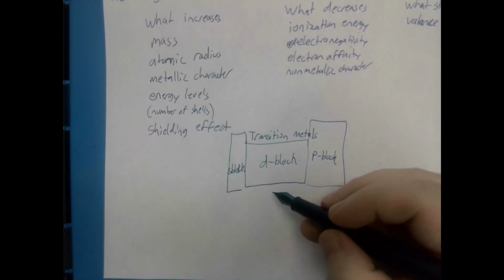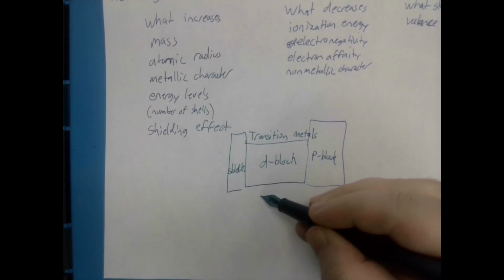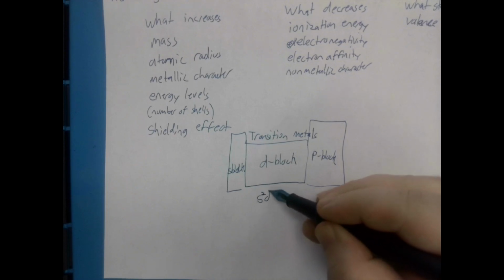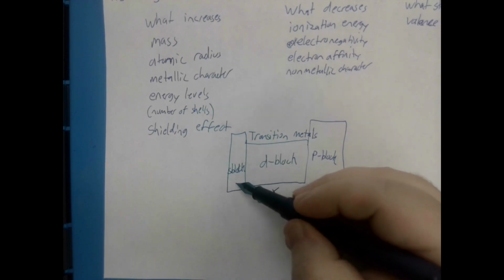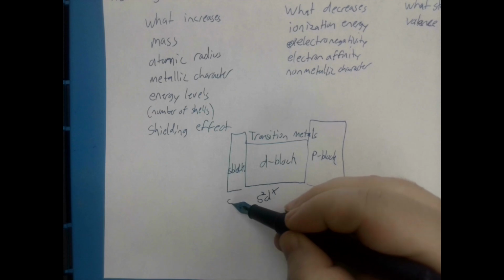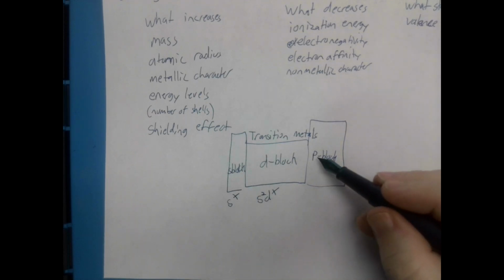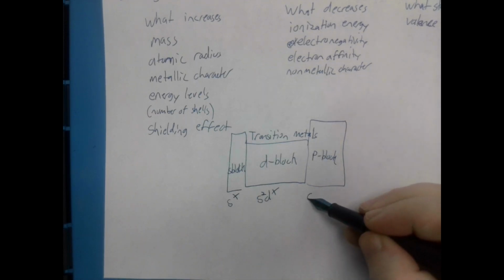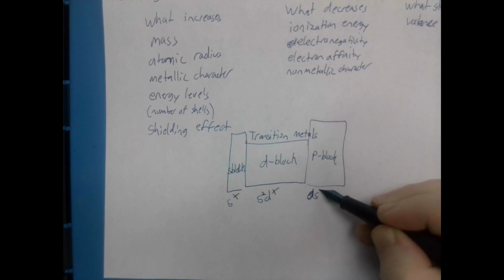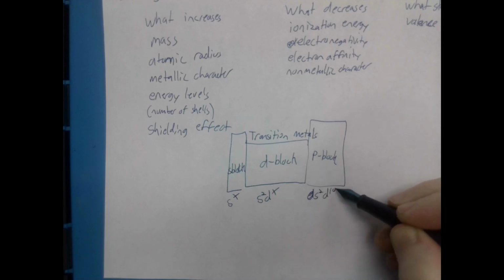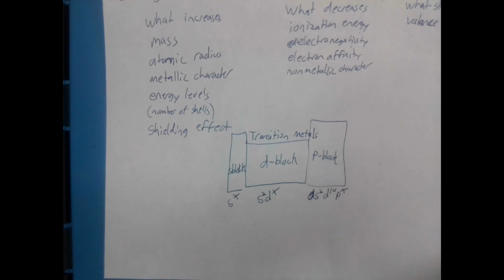So transition metals are in the form of S2DX. The S block ones are in the form of SX. And the P block is in the form of S2, D10, and PX.